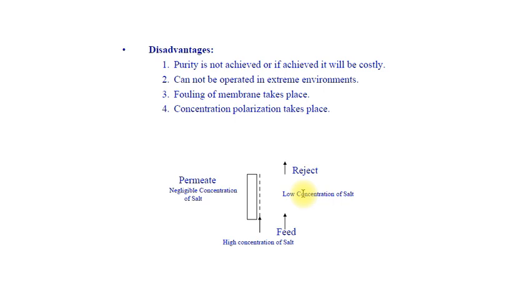It will not deposit. If it deposited, then you would not get any water. But the concentration will be higher, which will lead to the reduction of fluxes. This phenomenon is called concentration polarization. So due to concentration polarization, you have lower fluxes in membrane-based processes.